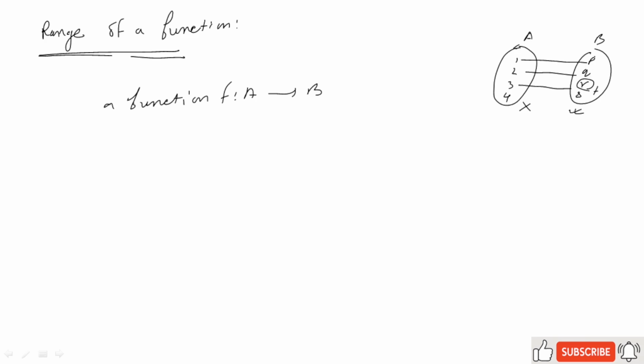So which elements are related with set A? That is a subset of set B. Here the elements related with set A are P, Q and R. These three elements are related to A. Then the set of these three elements is called the range of the function f.